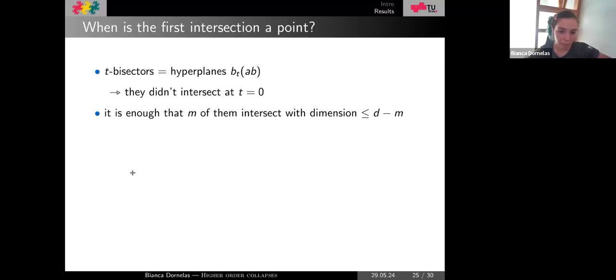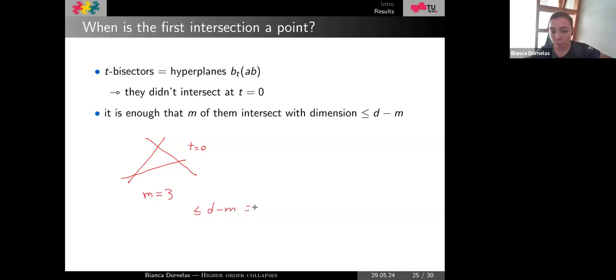So let's repeat the same example as before, just to understand this bunch of variables. Here we had 3 hyperplanes, right? So m equals 3. And these are 3 hyperplanes that do not intersect at t equals 0, so they are in the condition. And we want that when they intersect, their dimension is smaller than d minus m.